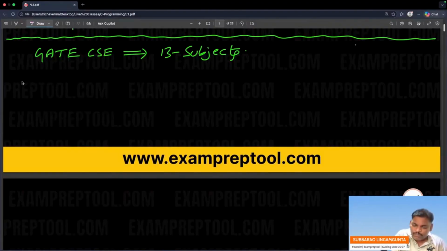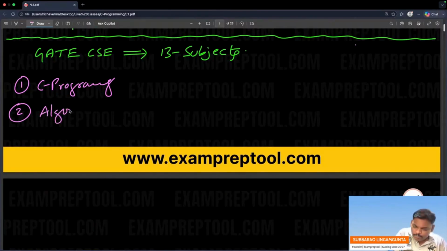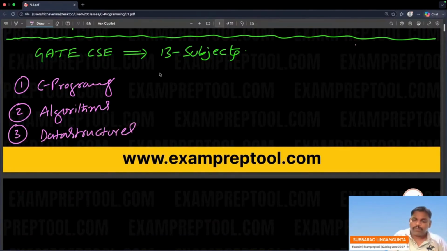So let's see once. One is C programming. Two is algorithm. Three is data structure. Fourth is, I think, TOC.